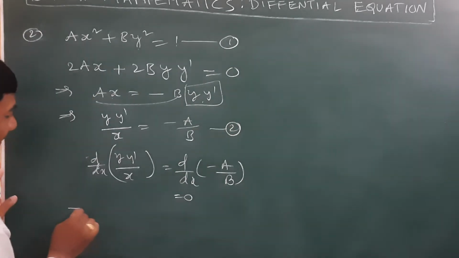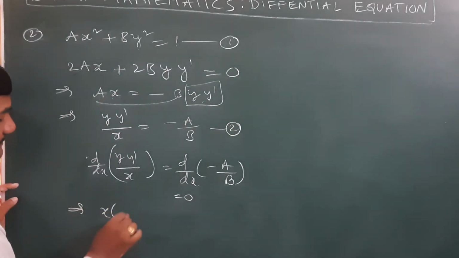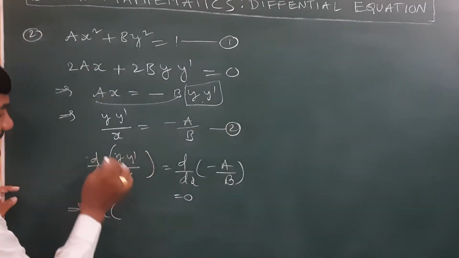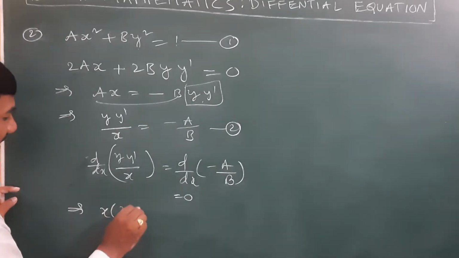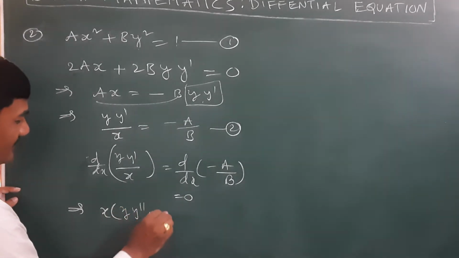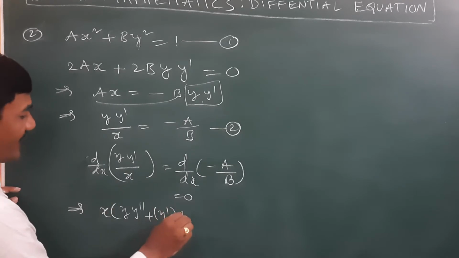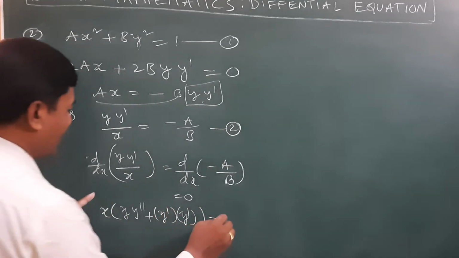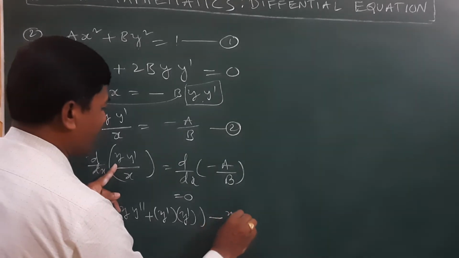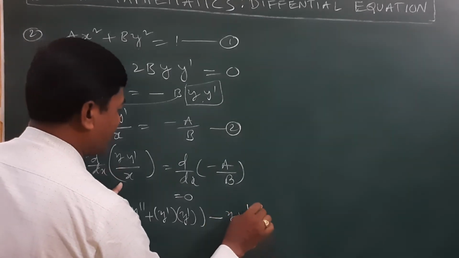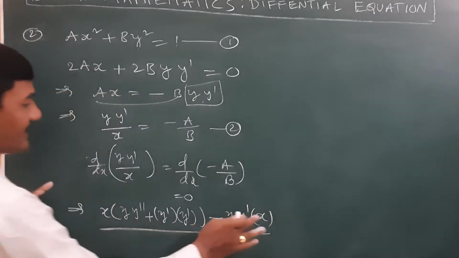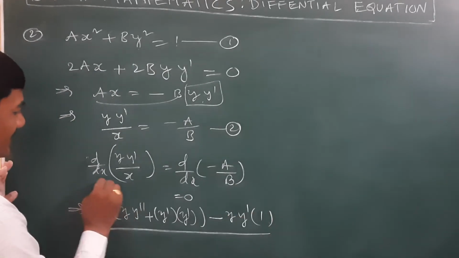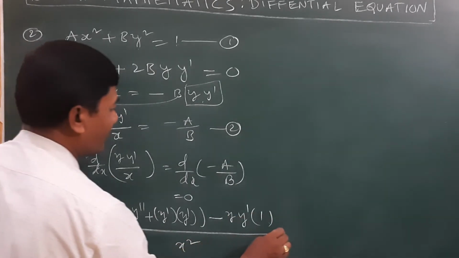So implies x into the derivative of y dash, that is y double dash, plus y dash into the derivative of x, that is y dash, right? Minus y dash into x derivative, which is 1, by x square is equal to 0.